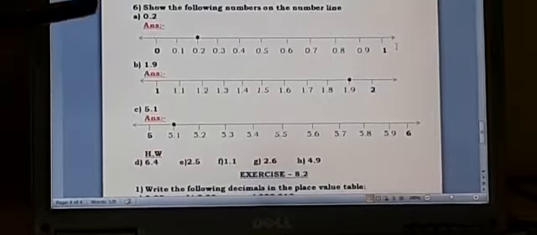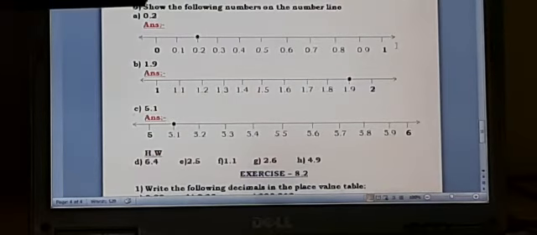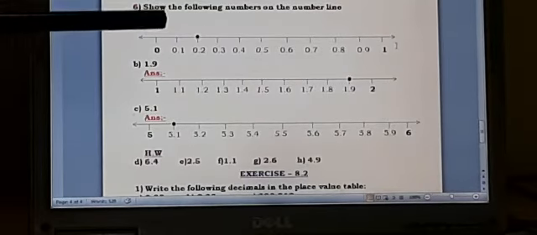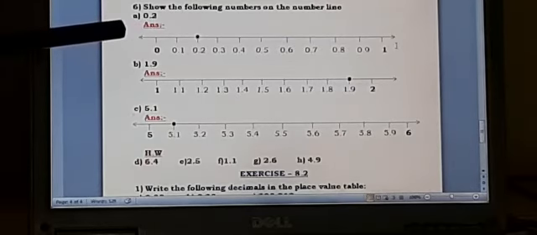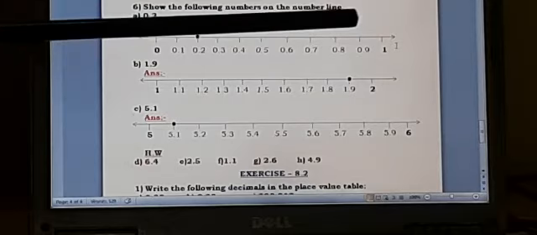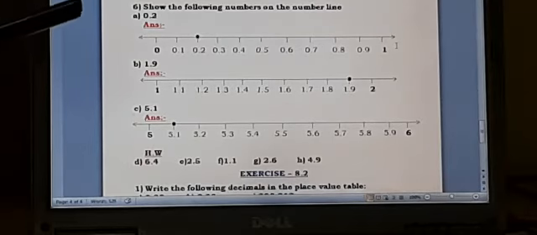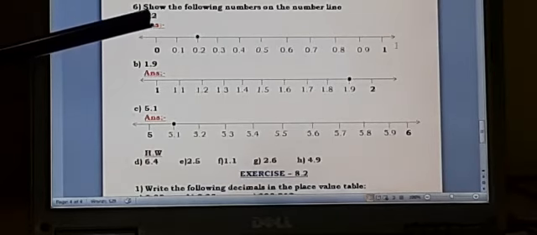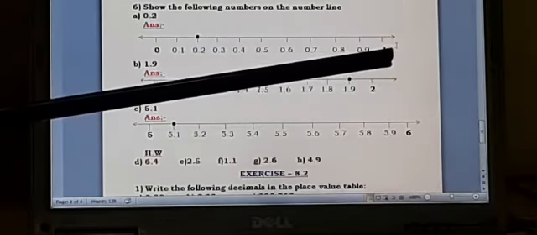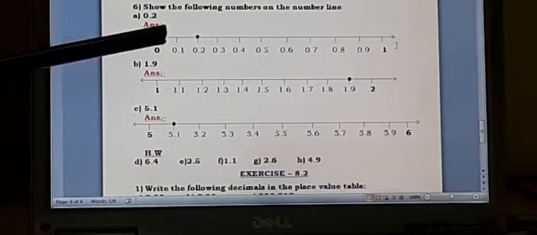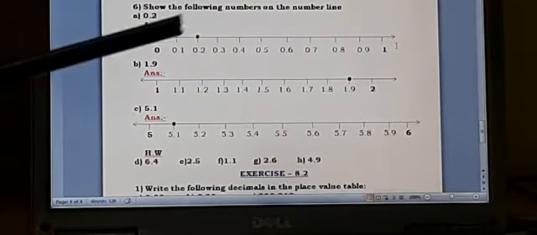Now come to the next question. Here they have given a decimal number. We have to show it on the number line. Here 0.2 is the question. Between 0 and 1 we have to divide it into 10 parts.